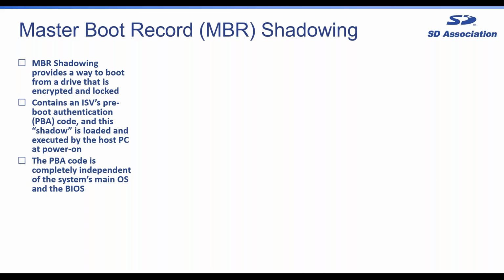It contains an ISV pre-authentication boot code, which we call a shadow. It's located and executed by host software at power on. This ISV pre-authentication code is completely independent of the system's main OS and BIOS.